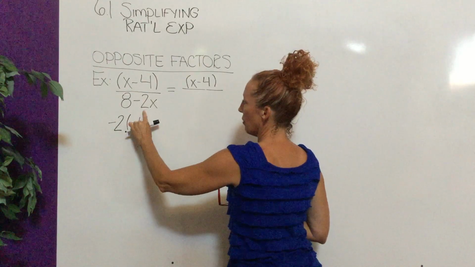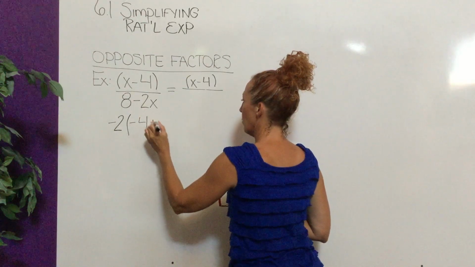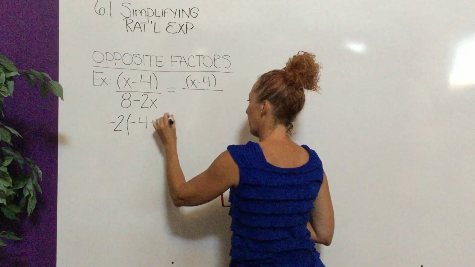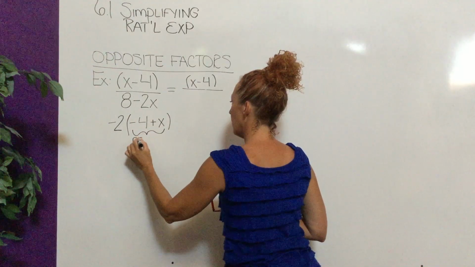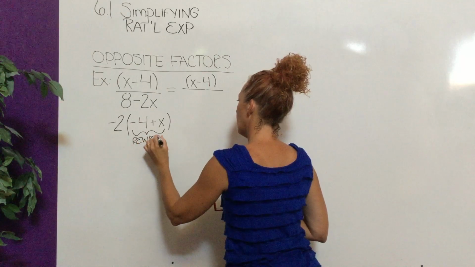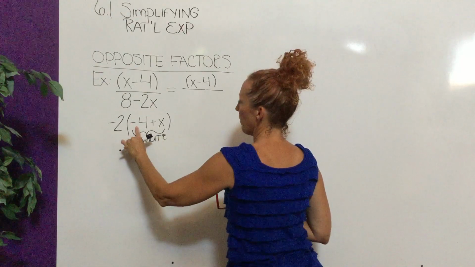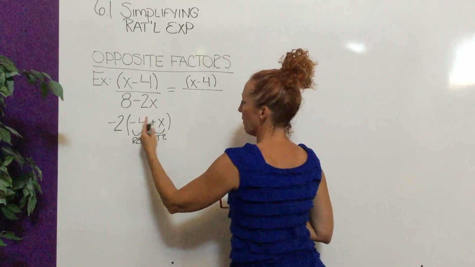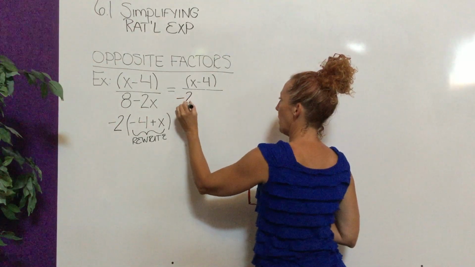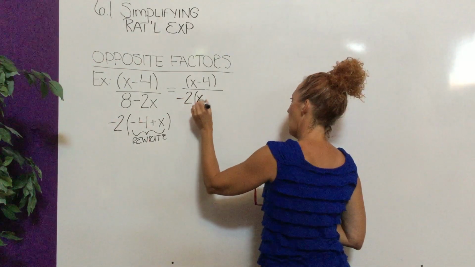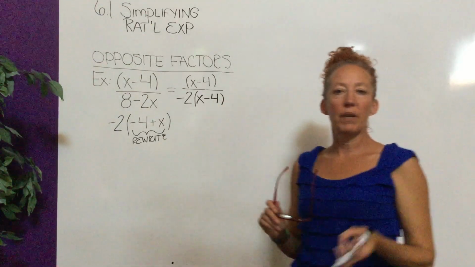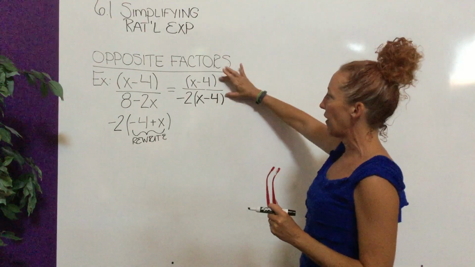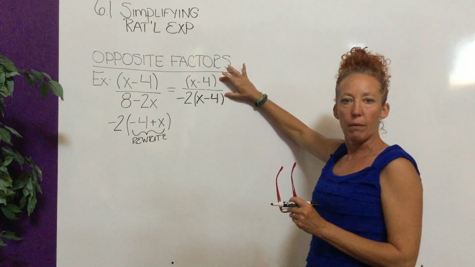And negative 2 goes into negative 2 positive 1 times. And then we're just going to rewrite this. So instead of a negative 4 and a positive x, we are going to write this as negative 2 parentheses x minus 4. And it was a little manipulation trick to make these factors match up.